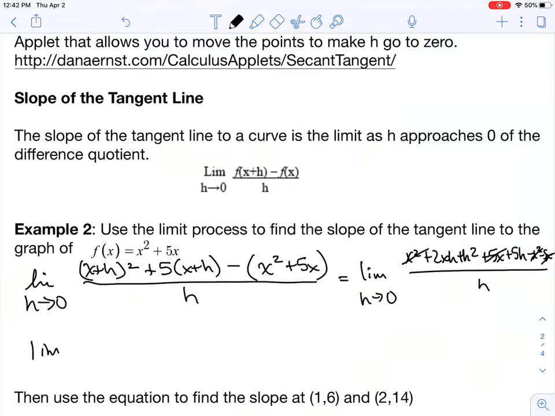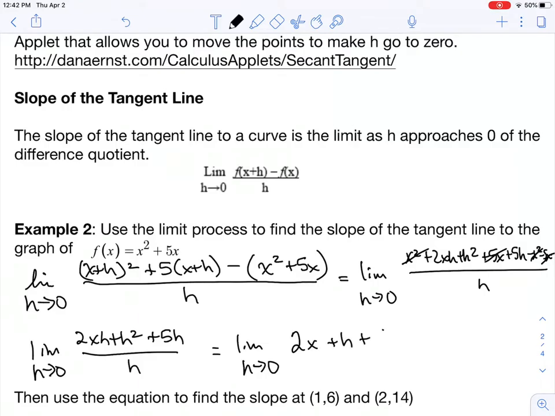So you have the limit as h goes to 0 of 2xh plus h squared plus 5h over h. And then you can cancel your h's in each term. So you have 2x plus h plus 5. And finally substitute your 0 and you get 2x plus 5.